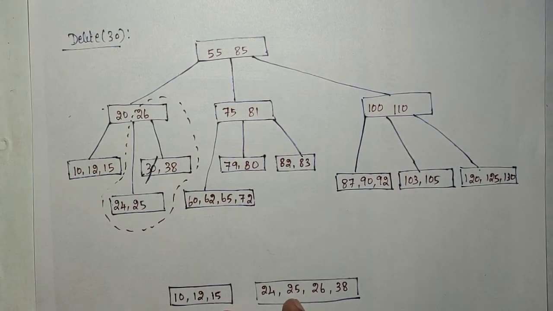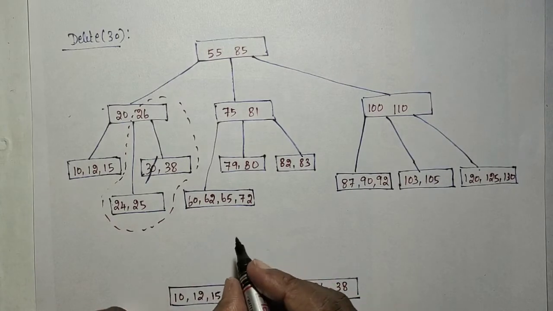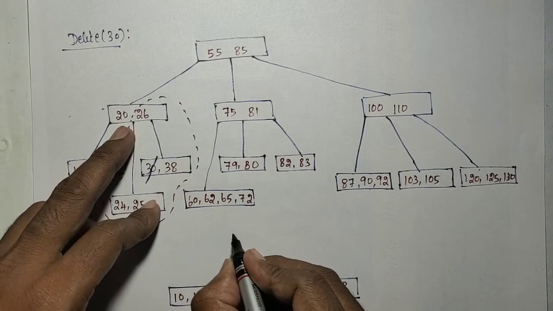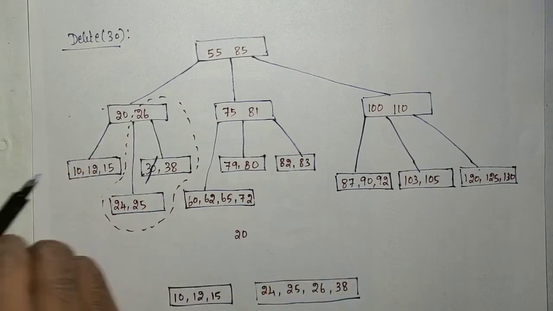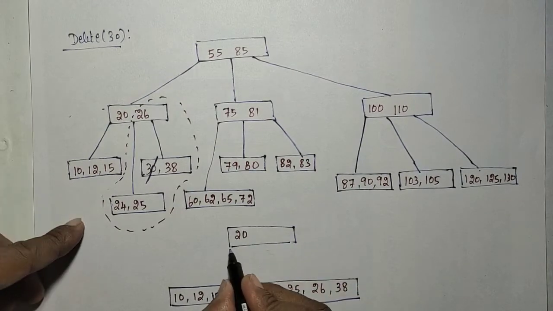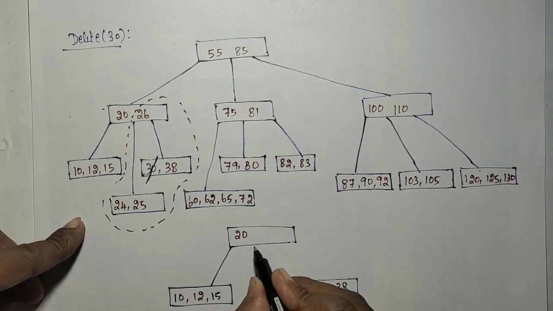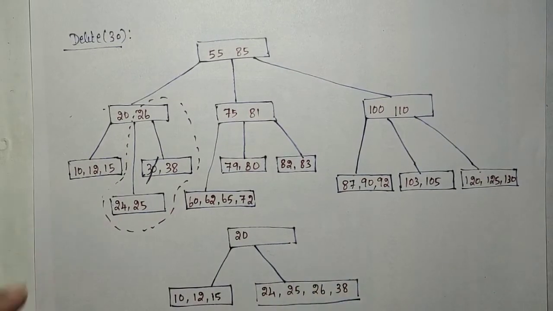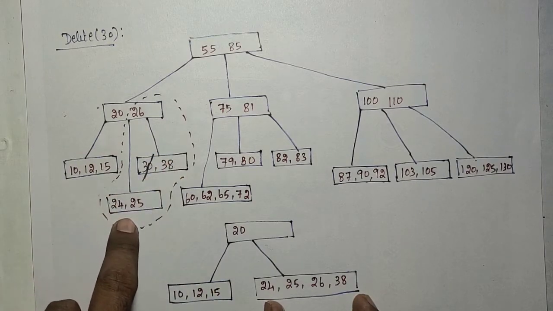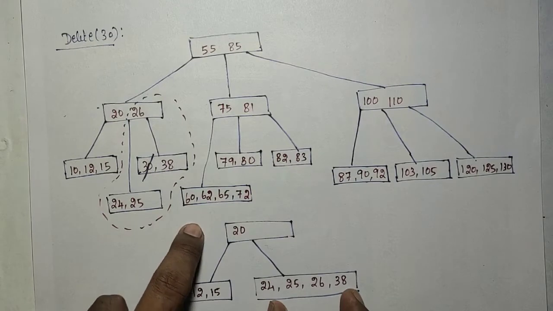Now just listen to that parent node: now it is having only the 20, correct? The 26 is moved down, so the left of the 20 will be like this, the right of the 20 will be like this. So we have solved this issue. We were not able to borrow from the left sibling or right sibling, so we have merged it.